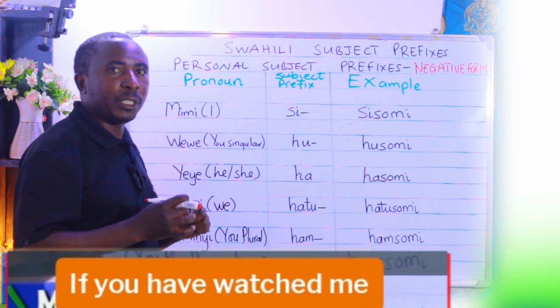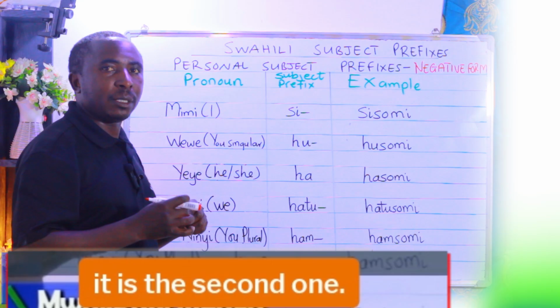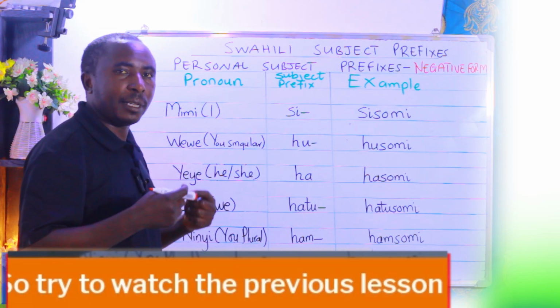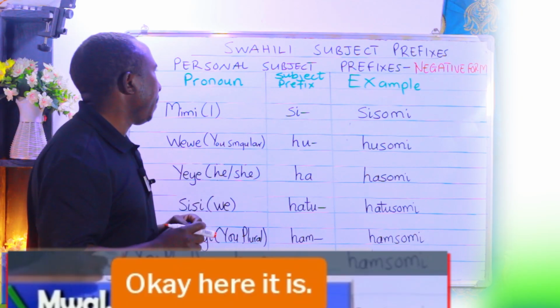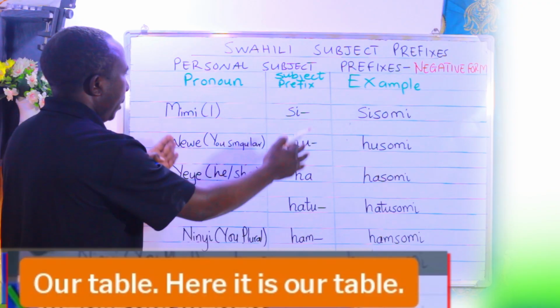If you have watched the previous lesson, this lesson is the second one. So try to watch the previous lesson so as to understand this lesson. Okay? Here is our table.